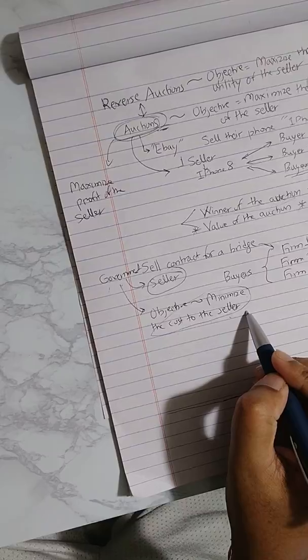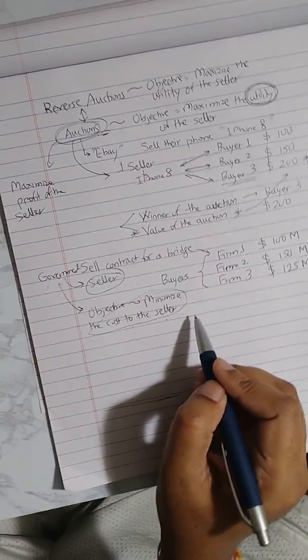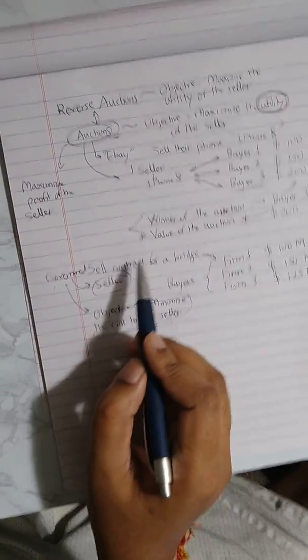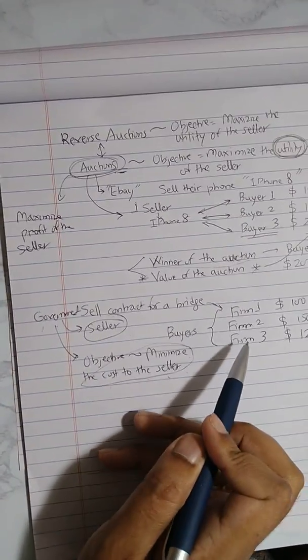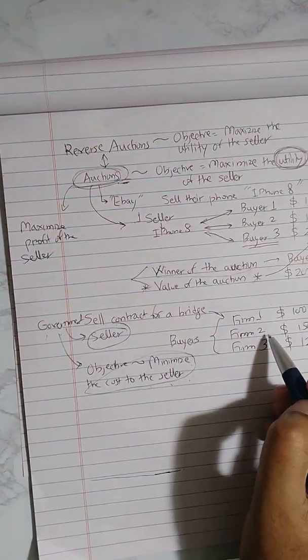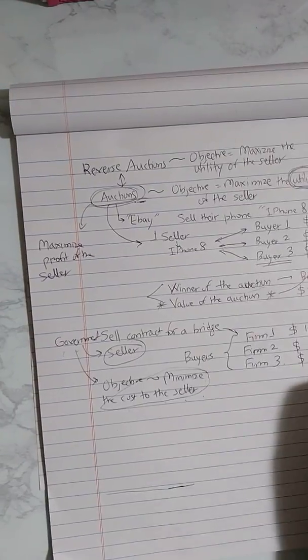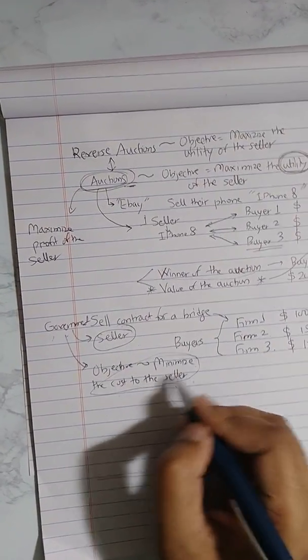In this case, the government is looking to buy some services from firms that might be interested in providing them. So firm 1, firm 2, firm 3, and the objective is to minimize the cost.